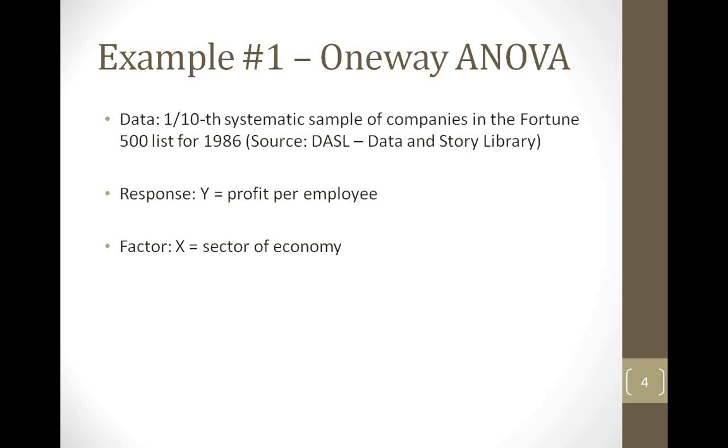Now, I was asked last time if I could look for some financial data to use as an example, and I found on the internet a data file that was a 1/10 systematic sample of companies in the Fortune 500 list back in 1986. They basically took every 10th observation from an alphabetical list of the data in the Fortune 500 so that we get a sample of companies.